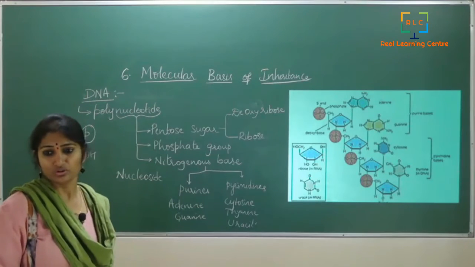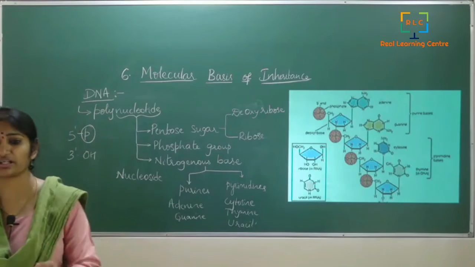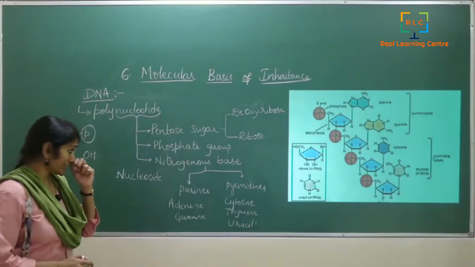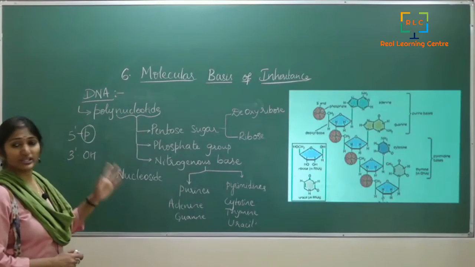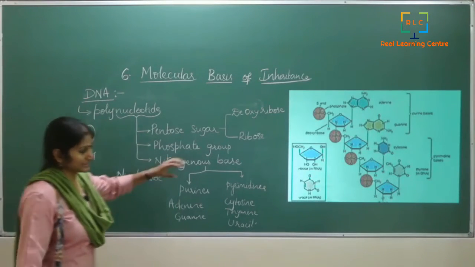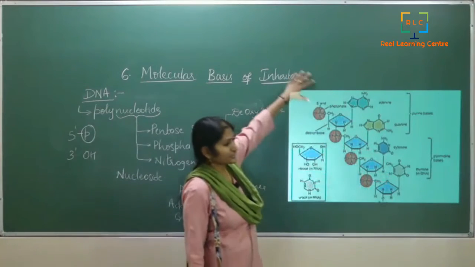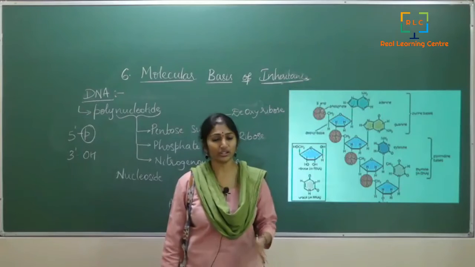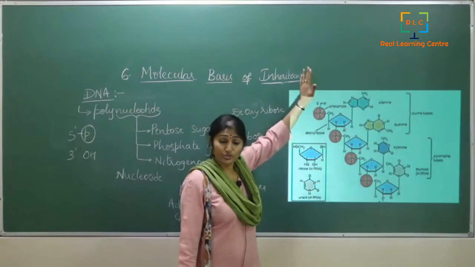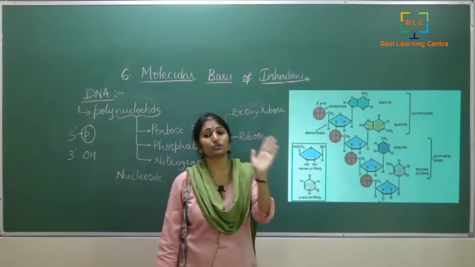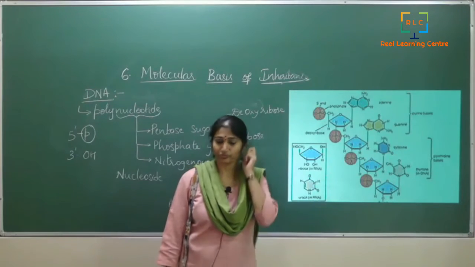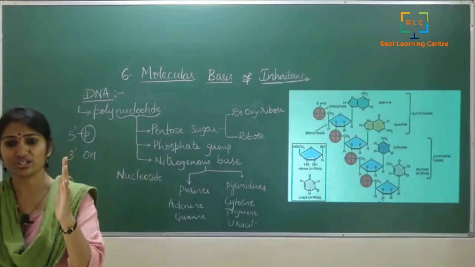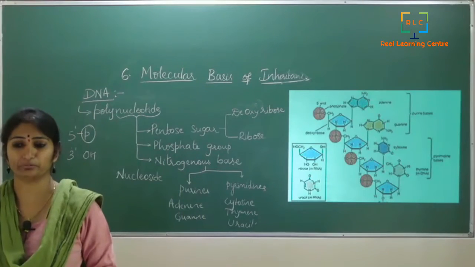But now comes one very interesting and important part of it, and that part is where you see that our DNA is not a single strand. It's not that you have one polynucleotide chain here and yes, this is DNA. No, not at all. You see that there are 2 nucleotide chains, and those 2 nucleotide chains come and form a bond.